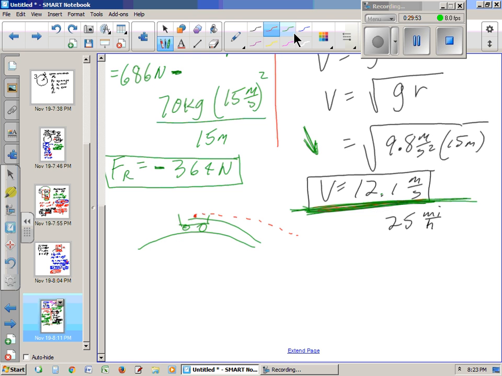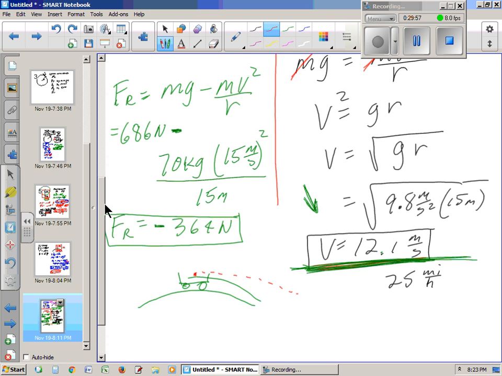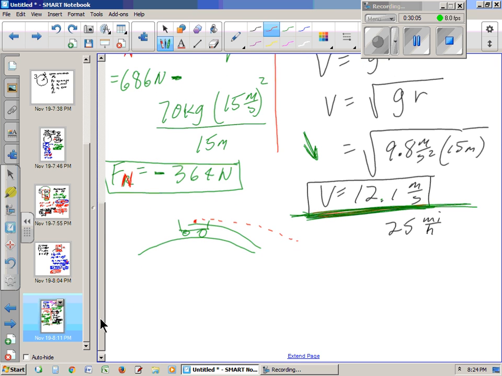So what the heck does this mean? This is supposed to be F normal, not F radial. I copied it over from the previous page incorrectly. Okay, so what does that mean? It means that as the guy goes over the top of the hill, you not only have his weight helping him go around the turn, but because he's going so fast, you know, when you go around the turn quickly, you would have to have a larger force to enable you to do that.